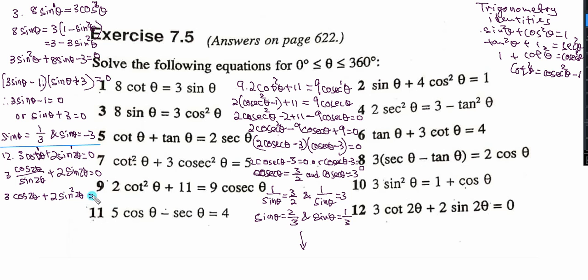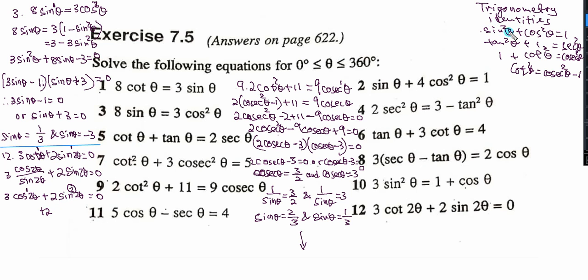Then sine 2 theta times 0 will still give us 0. Now we end up in the same situation. You have a power of 1 here, you have a power of 2. So what we have to do is convert these to the same trigonometric term as the one with the power of 1. So this one is actually sine squared 2 theta.